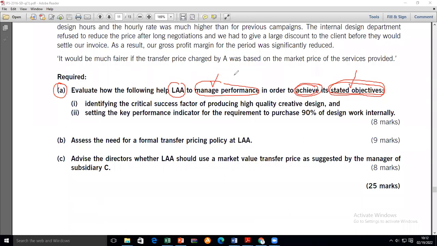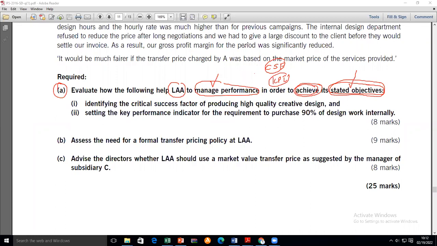And we've identified that for you to achieve an objective, what do you need? You need a critical success factor. And this must be underpinned by a KPI. And that's what this question is all about. The question says, how will the following help?